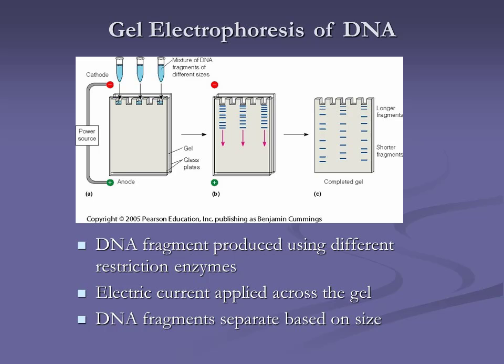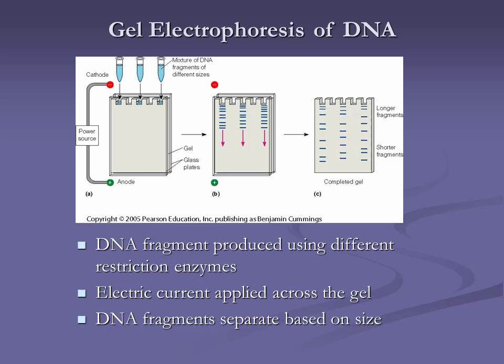The smaller strands go toward the bottom. The larger strands take longer to move through, so they stay at the top. Depending on your banding pattern, when compared to a sample of known lengths, you can get an idea of where your restriction site is within your DNA strand.